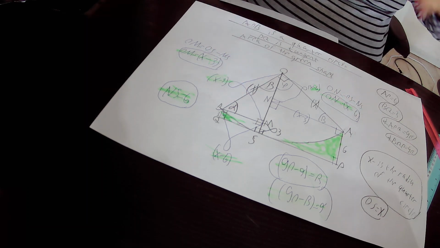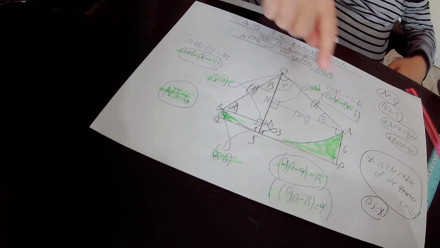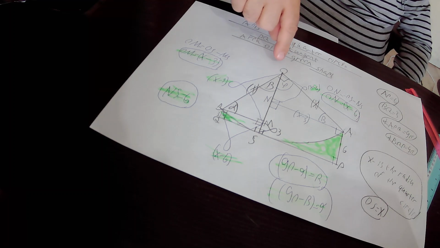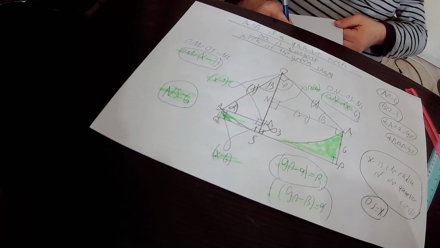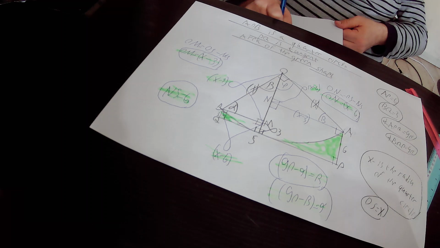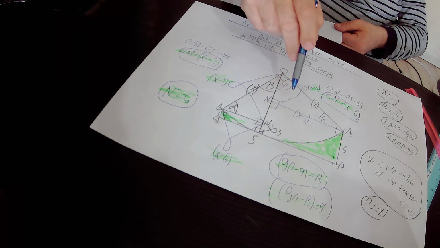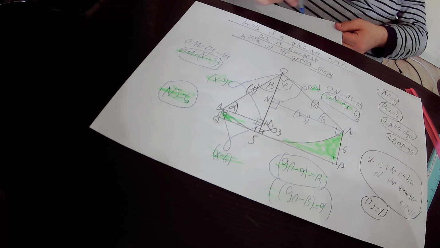So in conclusion, we found out that the area of this grain shape equals the area of trapezoid OBQS plus the area of trapezoid OSPA.